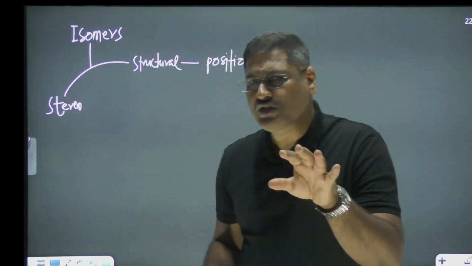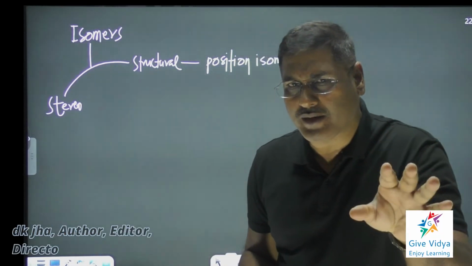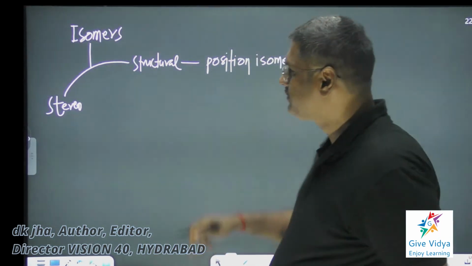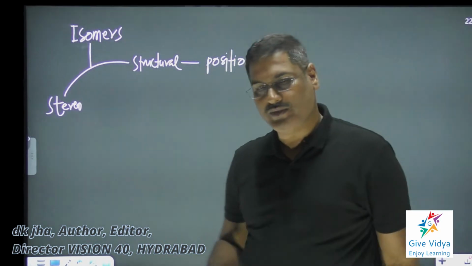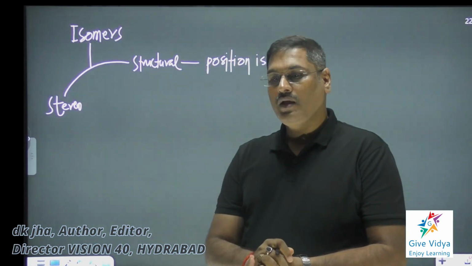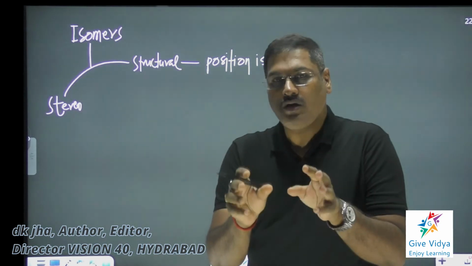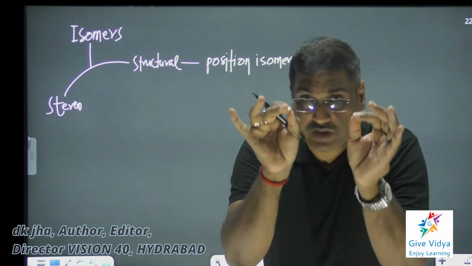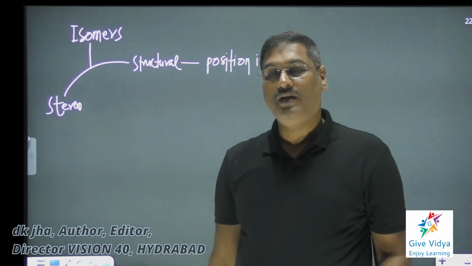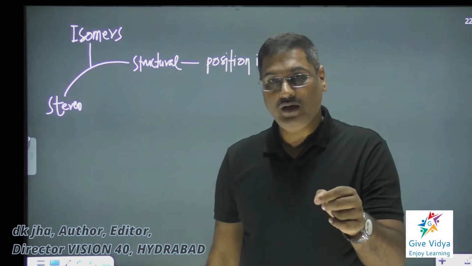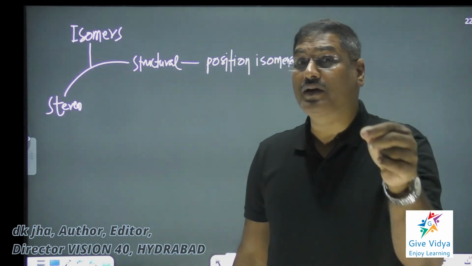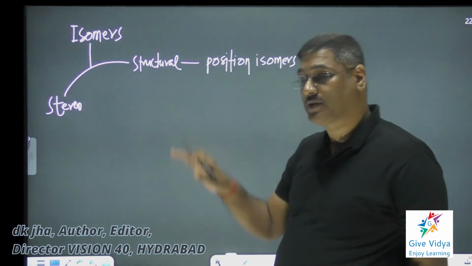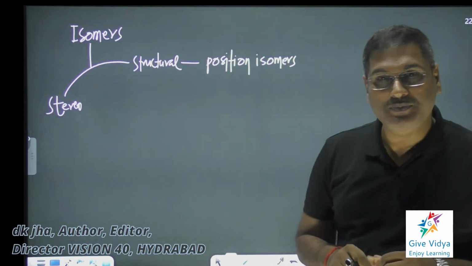Here, how that change in connectivity of atoms takes place is the further basis of classification of structural isomers. The way atoms are connected to each other is the basis of further classification of structural isomers.